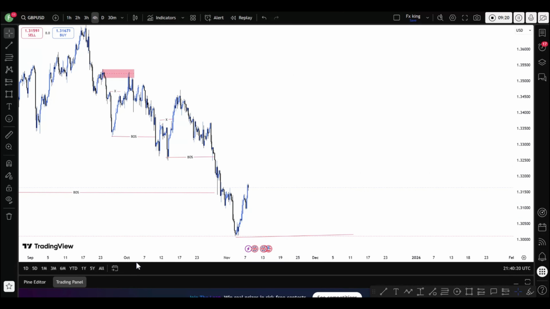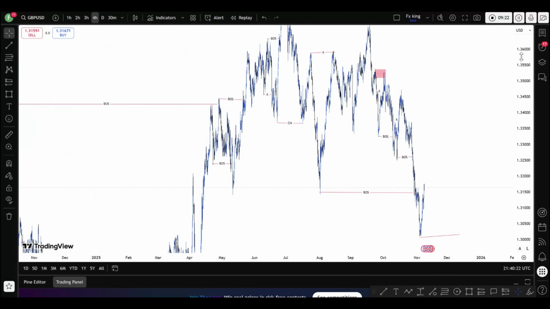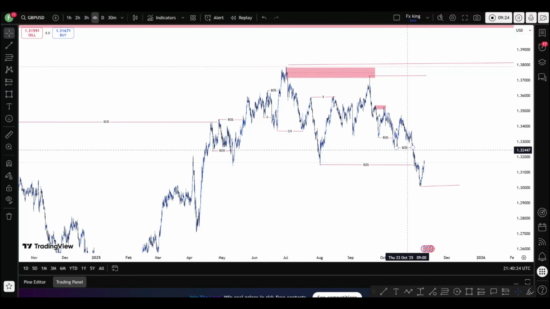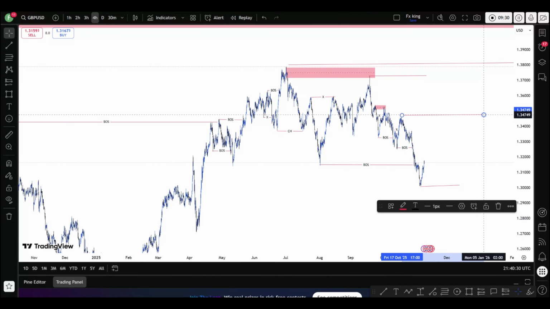But what I'm actually expecting is for price to use these internal breaks of structure, right? Because if price happens to close above this high, I will not consider this a change of character in this trend, because this is still my strong low. This is my strong high, this is my weak low here.